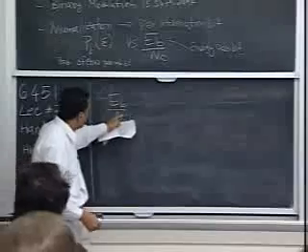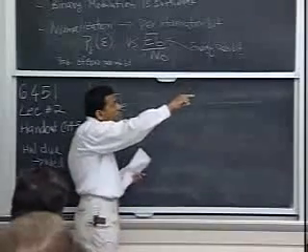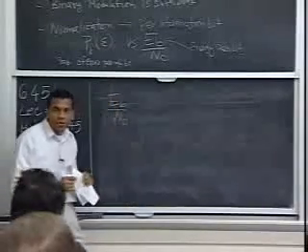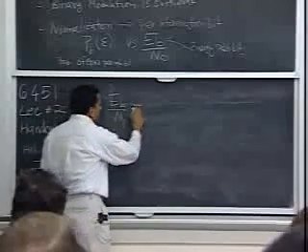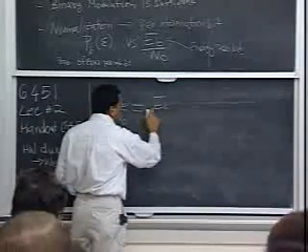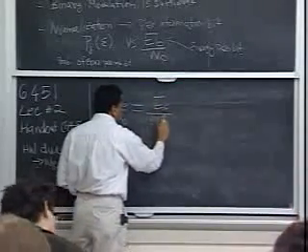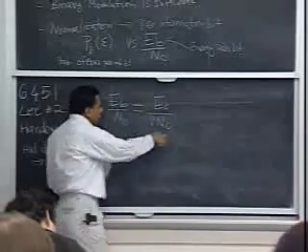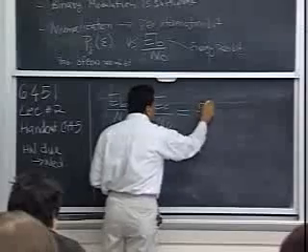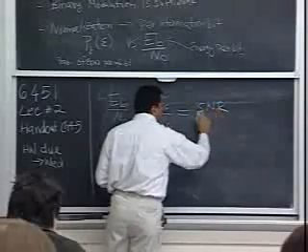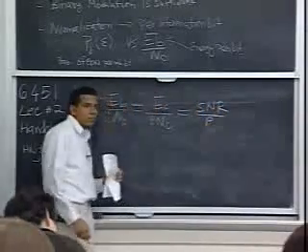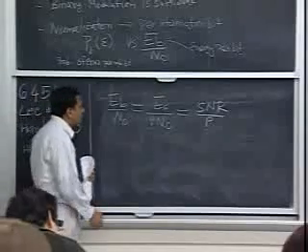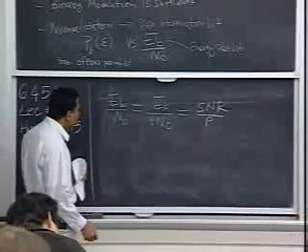Energy per bit, well, Es is energy per 2 dimensions, rho is bits per 2 dimensions. So Eb is Es over rho. And you have N naught here. And Es over N naught is also our SNR. So this is SNR over rho. Okay, so that's how Eb/N0 is defined.